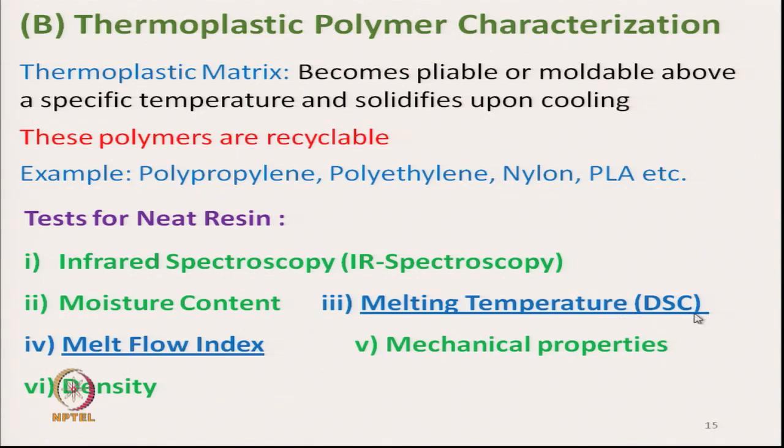Melting temperature is used for thermoplastic polymer, which is not required for thermoset polymer, and melt flow index. Then mechanical properties and density are also common for thermoset matrix. So, in thermoplastic matrix characterization, we will discuss here the melting temperature measurement and the melt flow index.